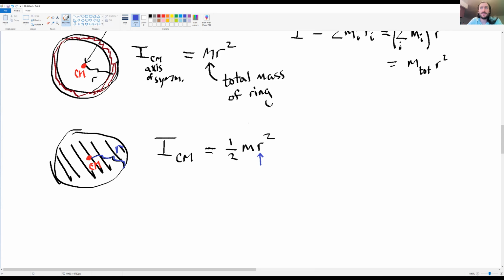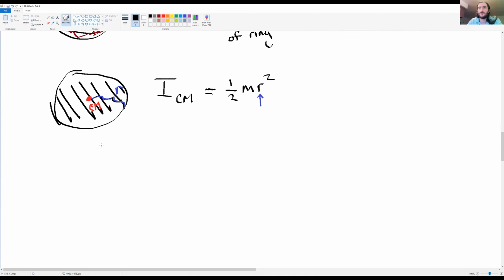Okay, and then let's take a look at one more kind of bizarre one here. Actually, let's take a look at three more. Now that I think about it, there's a really nice thing related to the rods. If we have a uniformly distributed sphere, there's mass everywhere on the inside.